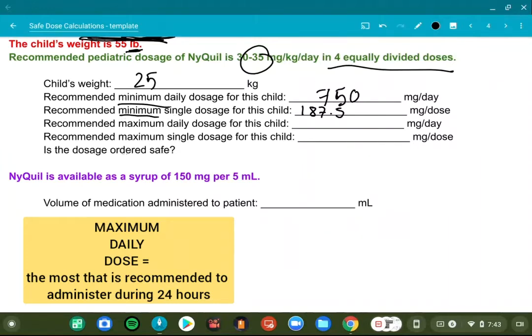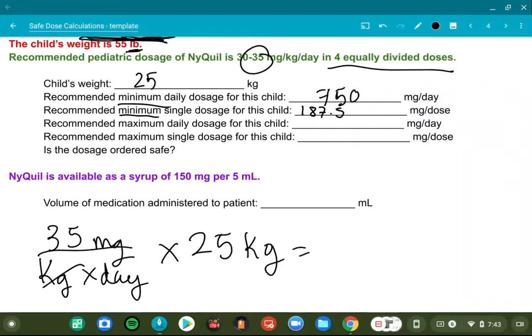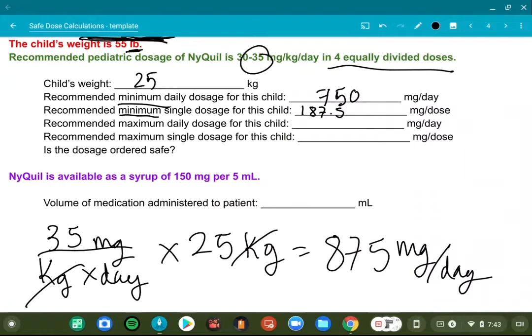To get the maximum daily dose, we take 35 milligrams per kilogram per day, multiplied by 25 kilograms. Kilograms cancel. 875 milligrams per day. That is the maximum dose you can give a kid in one day.